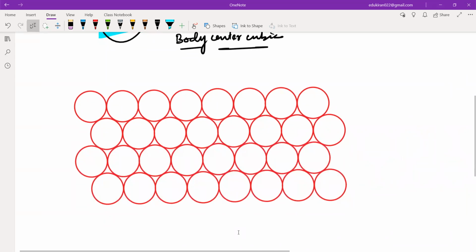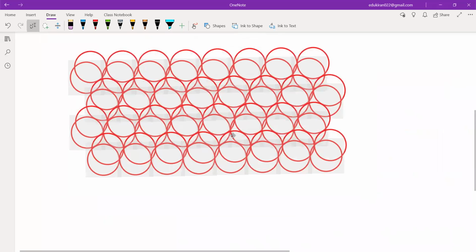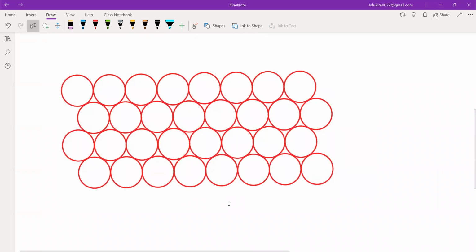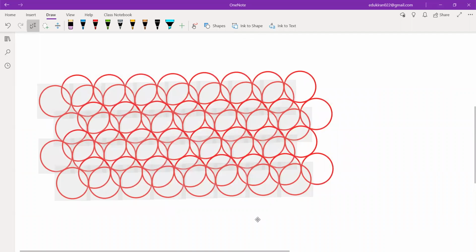Yes, so we have got our HCP, right? But please remember that these are all footballs, these are all spheres, and these are not circles.